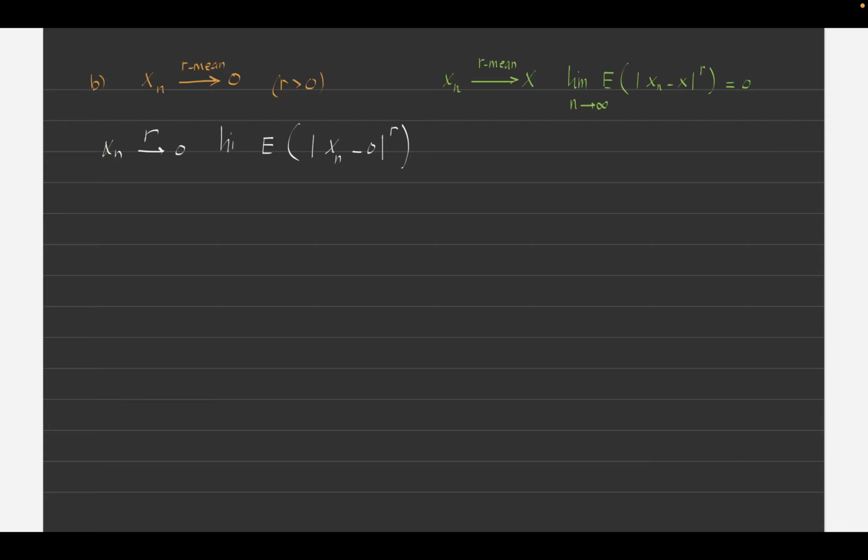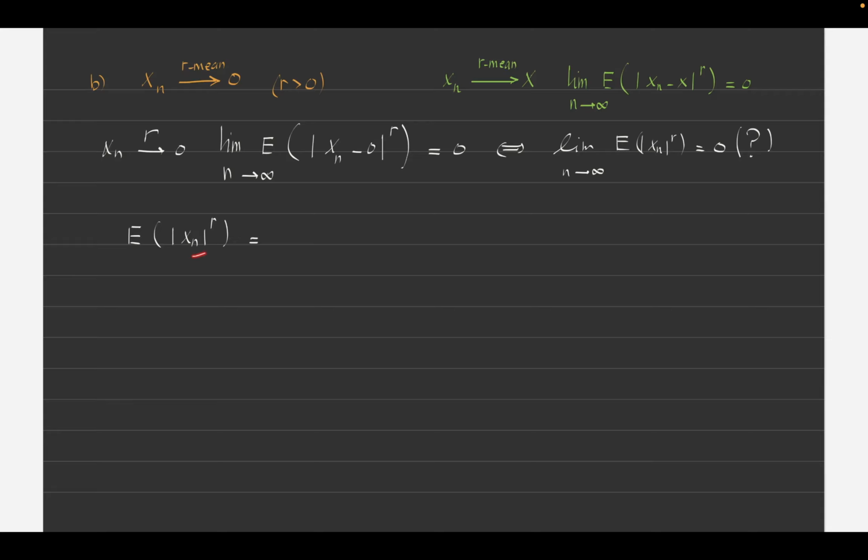I have to convince myself that the limit of this number, as n goes to infinity, becomes 0, but this is equivalent to saying that the limit of E of the absolute value of xn to power r, as n goes to infinity, is equal to 0. So that is what I want to show. But that's very simple because this is a discrete random variable, so I can write the formula for the expectation value.